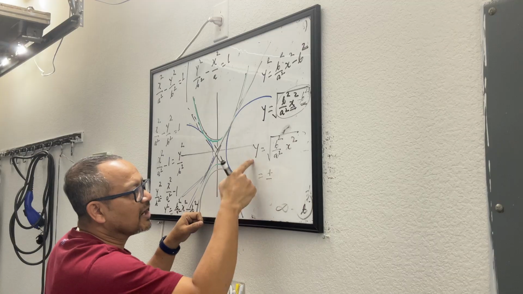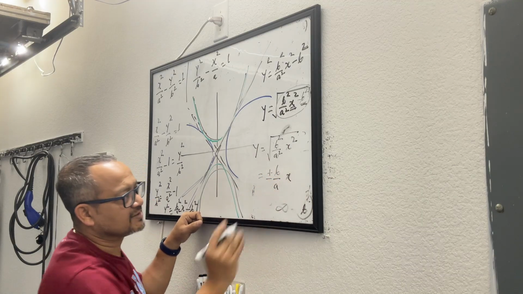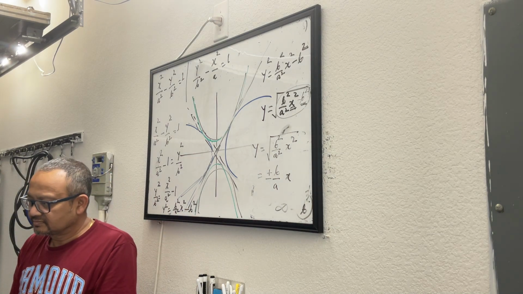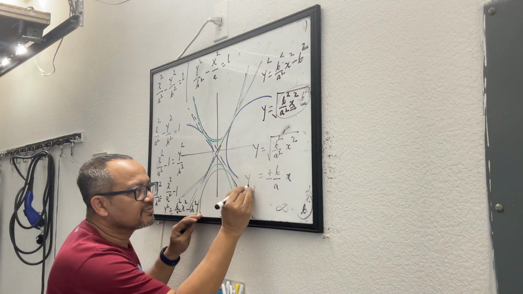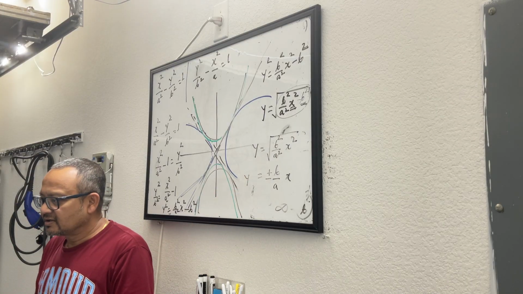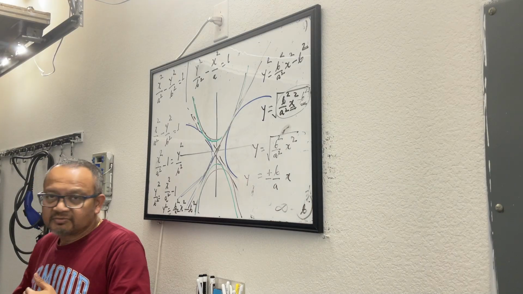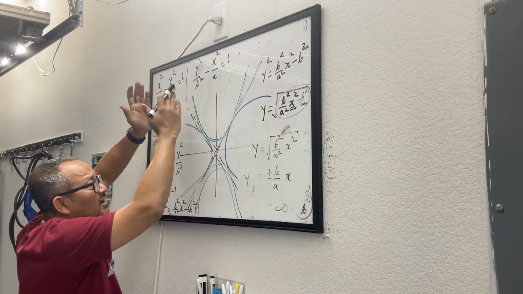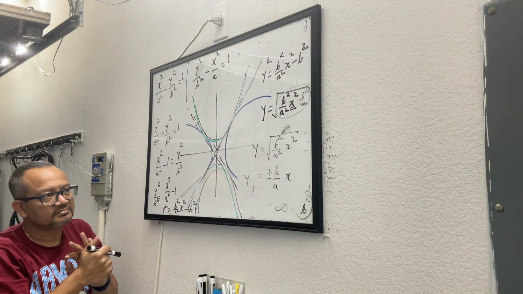So the value for y I will get as y equals plus and minus b over a x. And to be very honest with you guys, I have not done anything magical so far. I'm just trying to look at this equation and figure out what is happening here in this case. Okay?